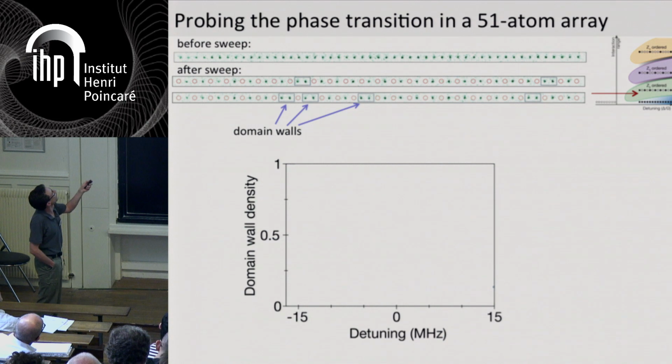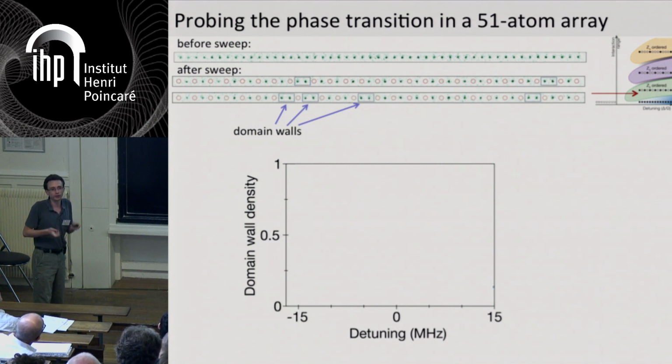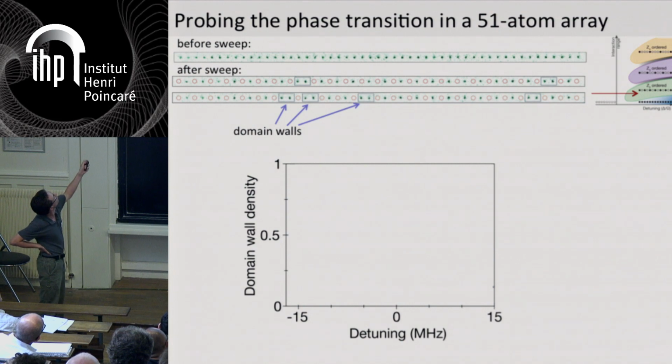And this is convenient because now we can perform the experiment many times and count the number of domain walls as a metric to quantify how good we are at preparing these states. Remember, all the atoms in the ground state will be a domain wall density of 1, because each atom is a domain wall in this case. And a perfect antiferromagnetic chain would be a domain wall density of 0.